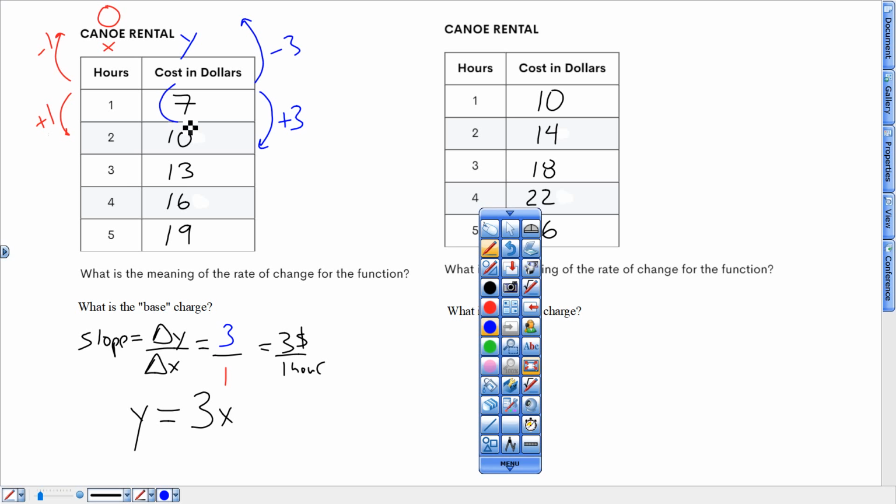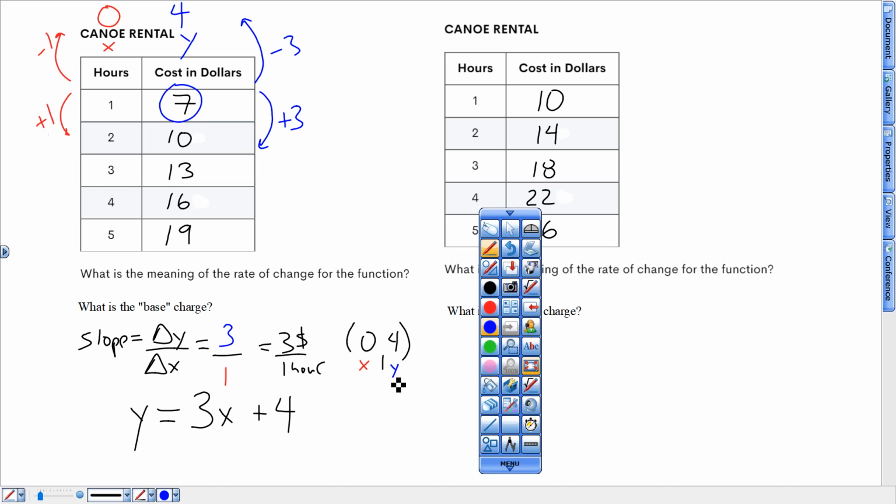The 7 right here. 7 minus 3 gives me 4, the all-important y-intercept, or at 0 hours, how much you're spending already. That's that plus 4 right here.